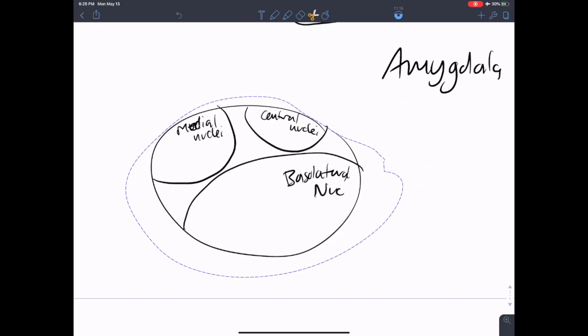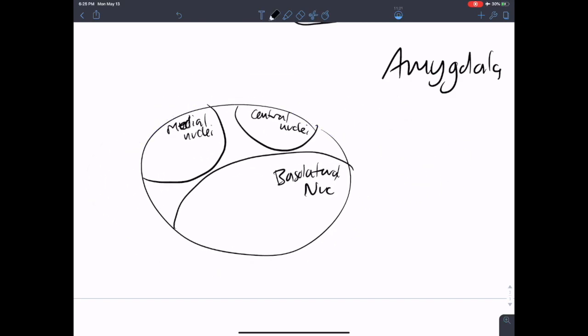And they're all interconnected with different parts of the brain. So this goes through thalamus to get to cortex and back again. So most of these systems are bidirectional. The central nuclei project to and from both the hypothalamus and brainstem centers.